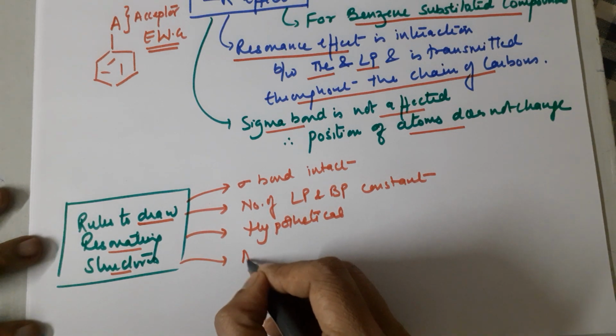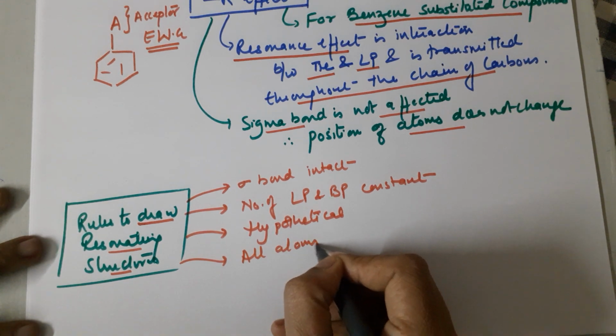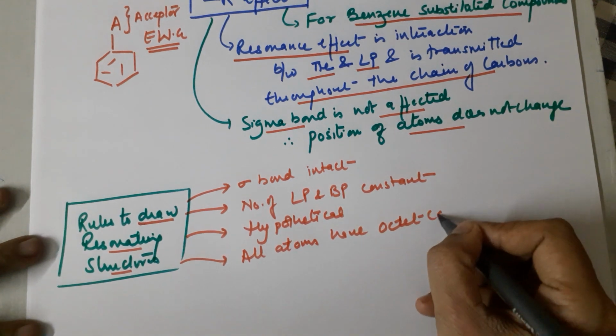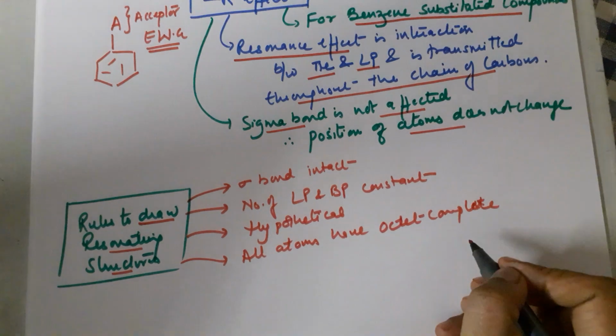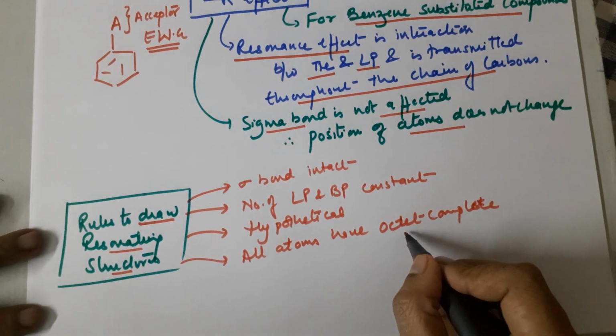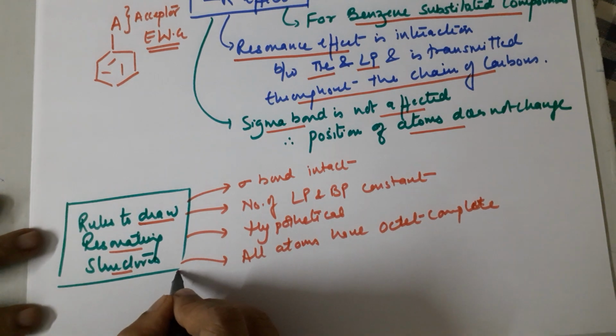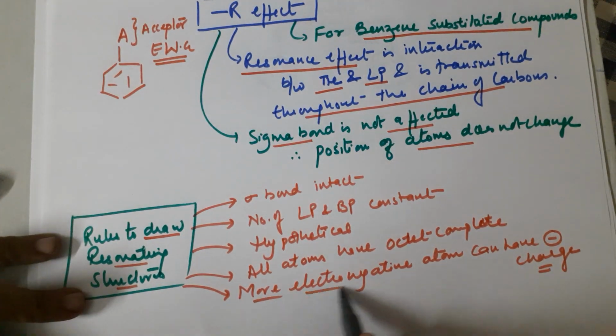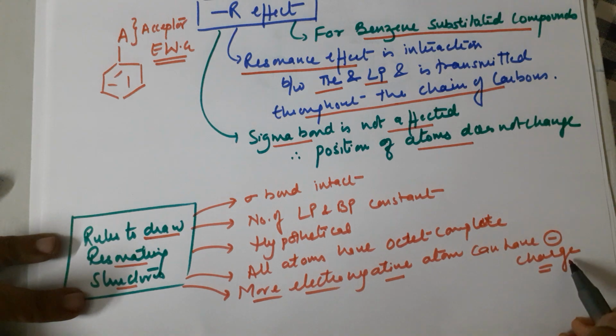See to it that all atoms have an octet complete. So, if there is an atom which has not got the octet complete, the structure will become unstable. Also, the more electronegative atom can have the negative charge.